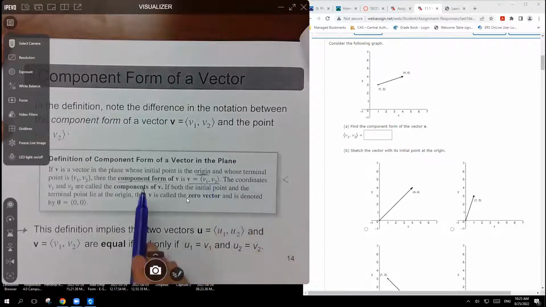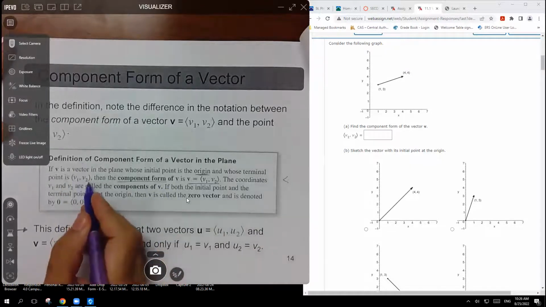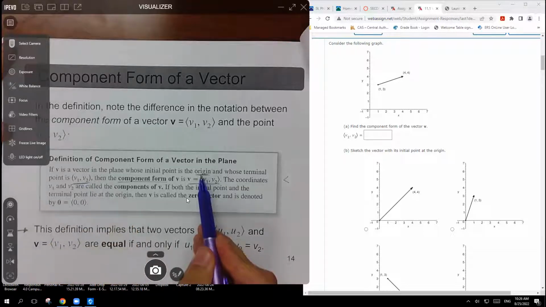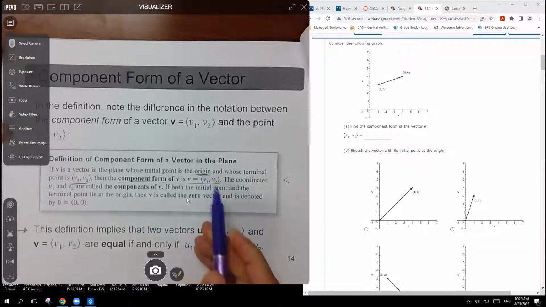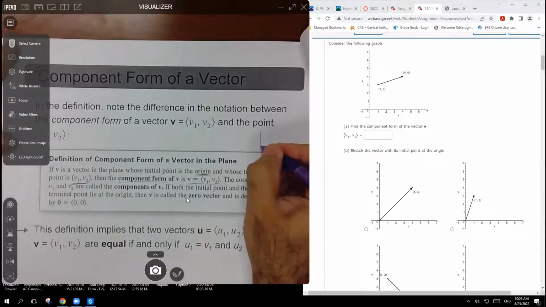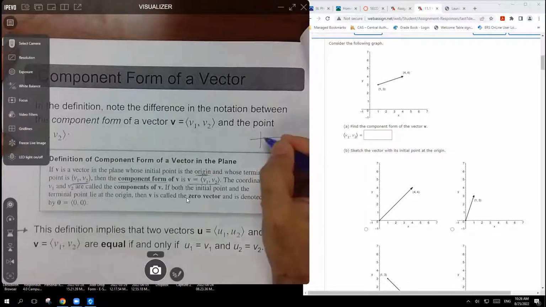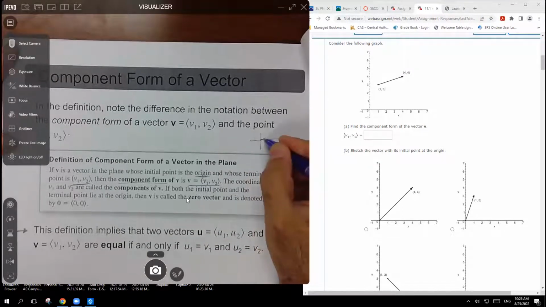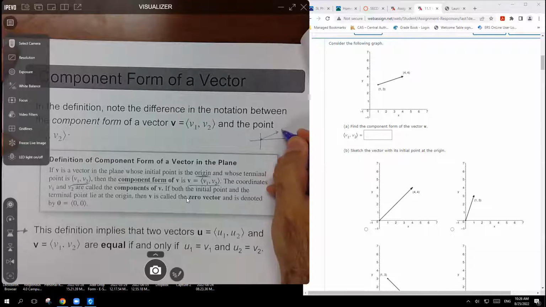But be careful, this is the component form of vector V whose initial point is the origin. So you have to be careful with this one, okay? That means when you grab this vector, the origin point is 0, 0, and the terminal point is V1, V2.